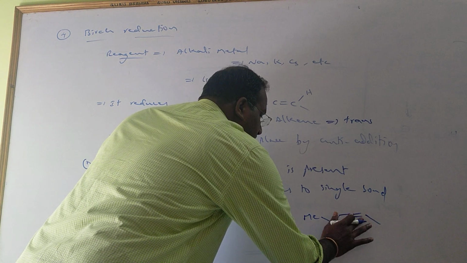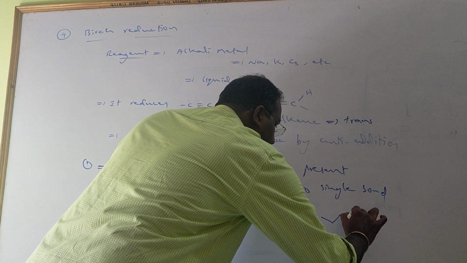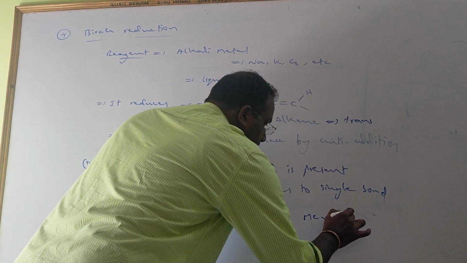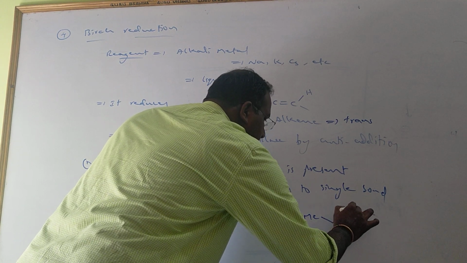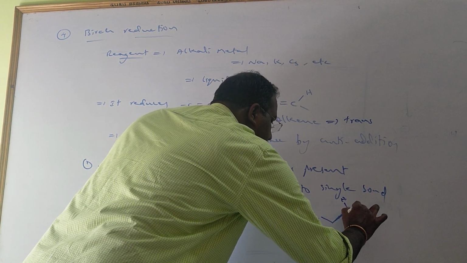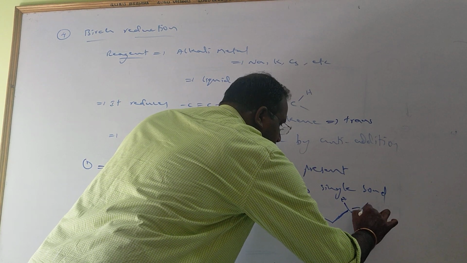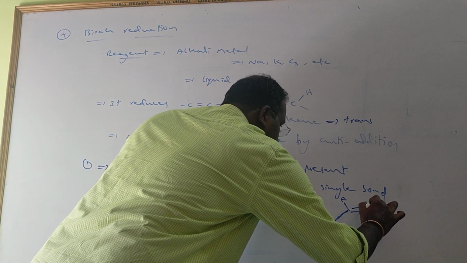Anti-addition means what? One hydrogen here like this, and here H will be there, then the double bond, and this group and H will be there, like this.